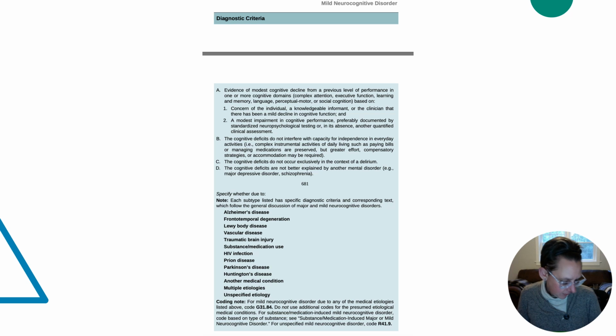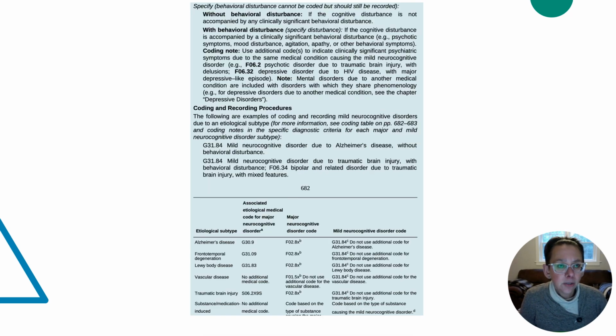And then here you can specify if it's due to some of these diseases. And then some coding, without behavioral disturbance, with behavioral disturbance. So that's the biggest thing that you're going to get, the behavior disturbance. As outpatient psych, if they have a gerontologist or neurologist who's managing their dementia, you're going to get the call about behavioral disturbances.